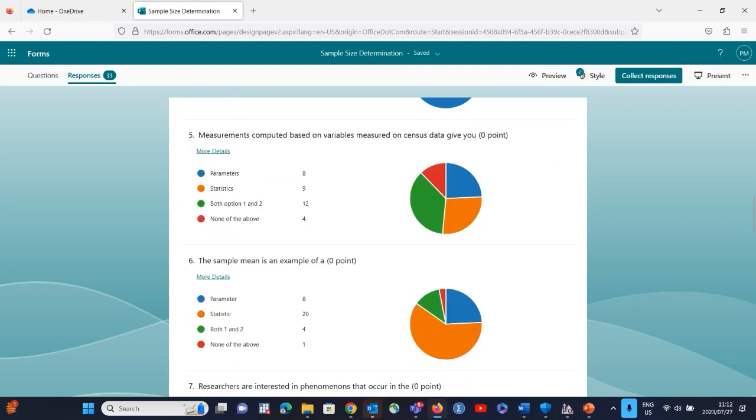73%. Number 5: the measurements that we compute from variables measured from census data. So census data means what? We're not sampling. We're measuring everyone, so these would be parameters.